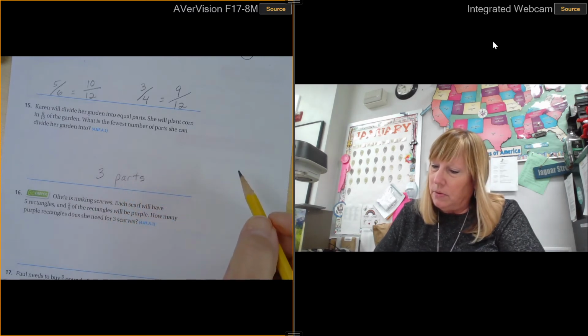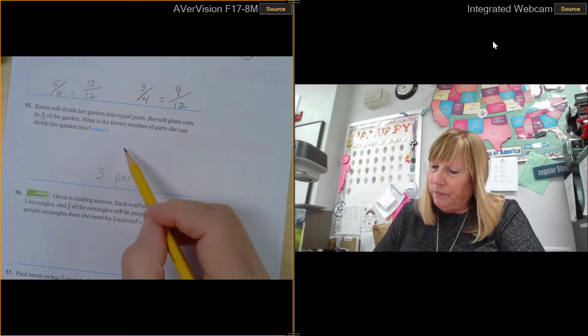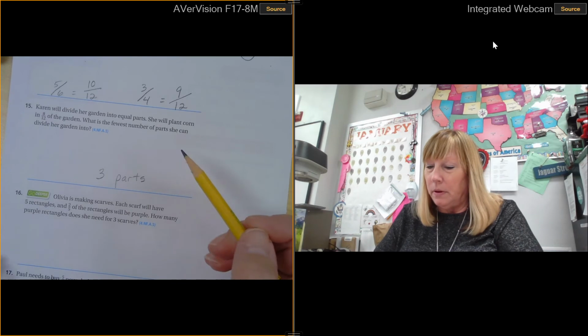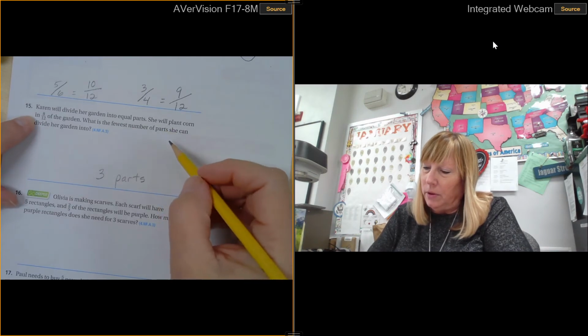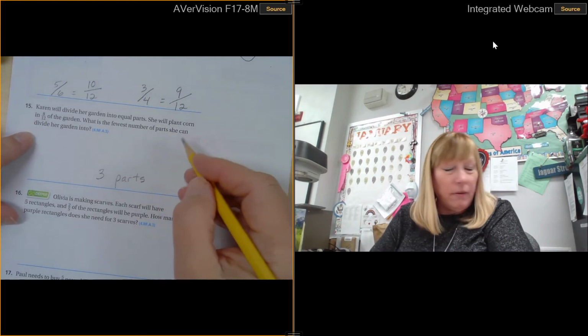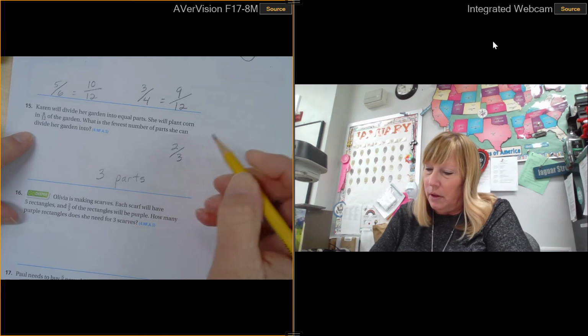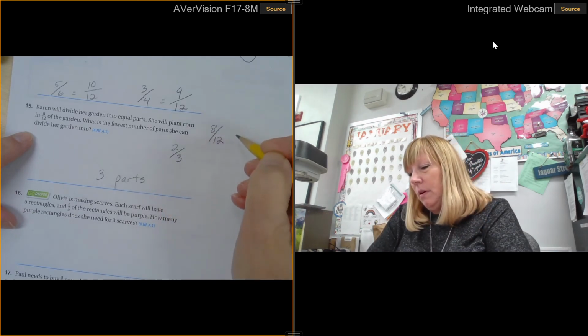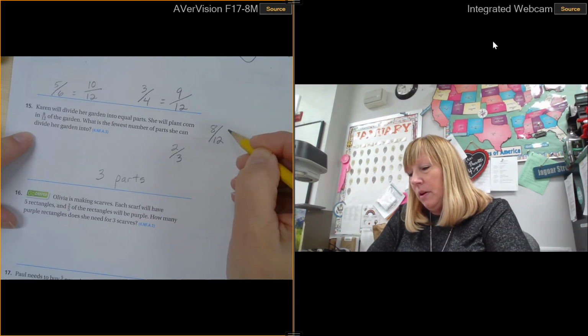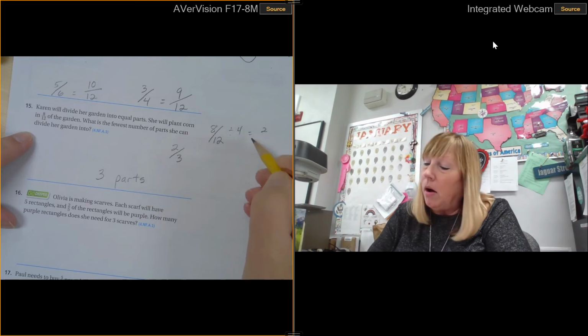So, into equal parts, 8/12. What is the fewest number of parts? I also have written here 2/3. So if we took 8/12 and divided by 4... Oh, I get it.